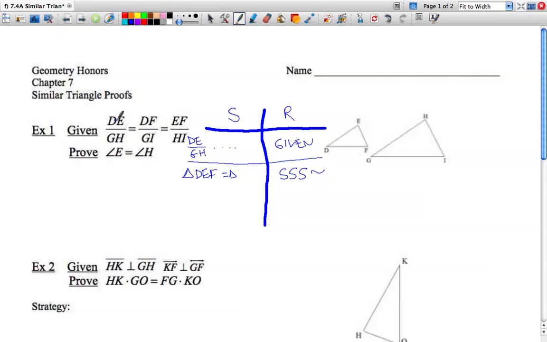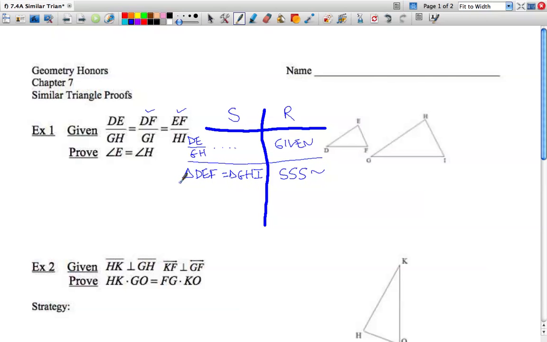Okay, so DE is to GH, so GH would have to live here, and then of course the leftover would be I, and I always like to just double check. So DF, which is the first and third position, should match up with GI, which it does. Let's check EF while we're here. EF is the second and third position, and HI is the second and third.